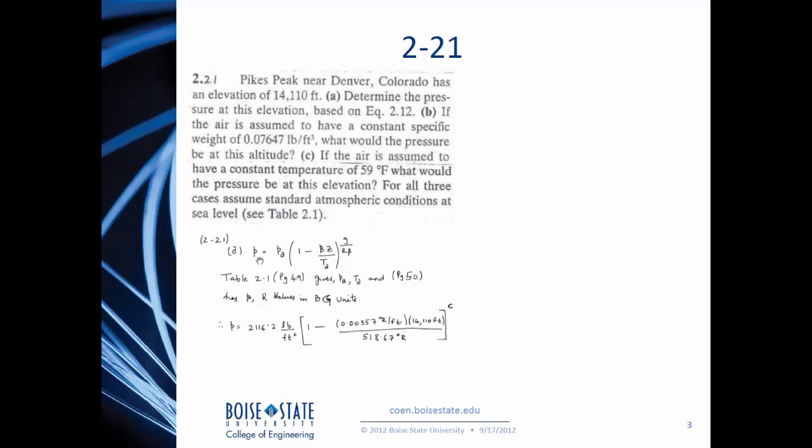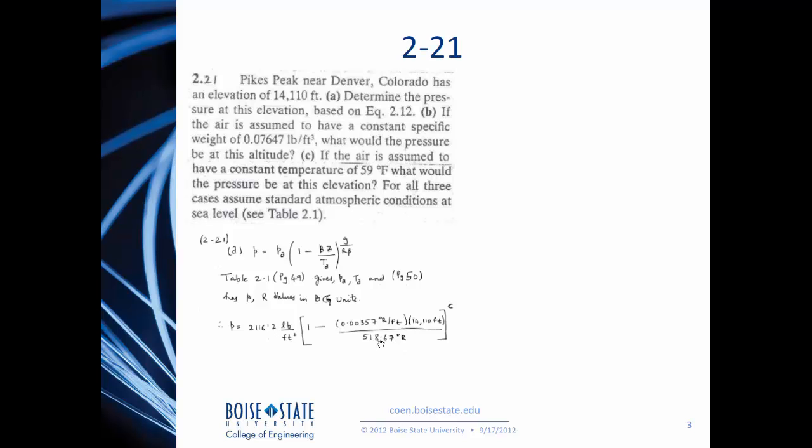So the relation between pressure as it varies with altitude is shown here. PA, TA, and beta and R values can be obtained from pages 49 and 50 respectively. So we can substitute those numbers in a couple of steps here.